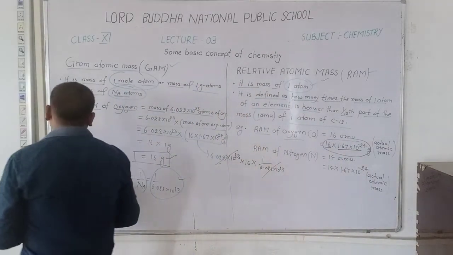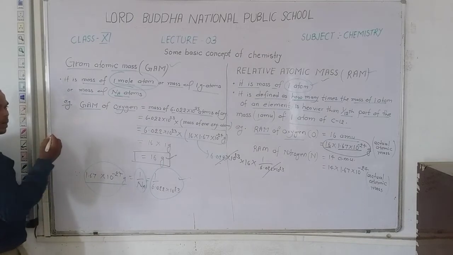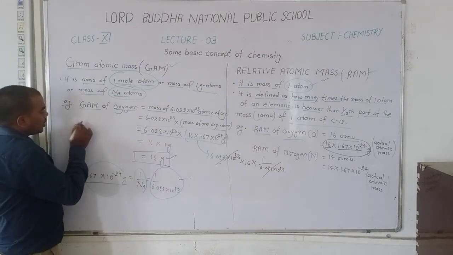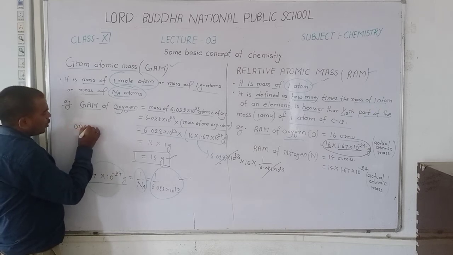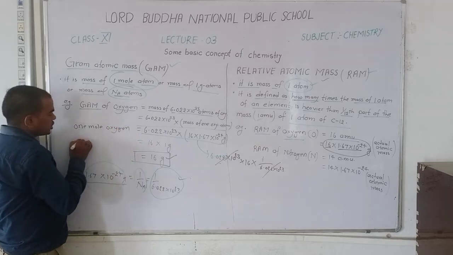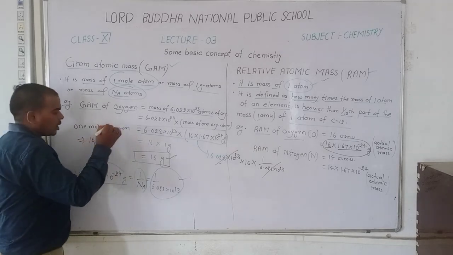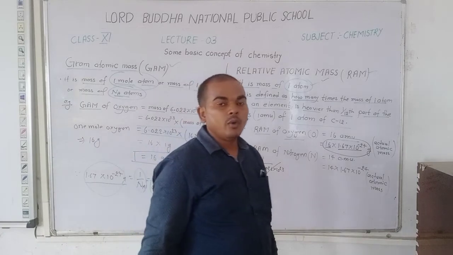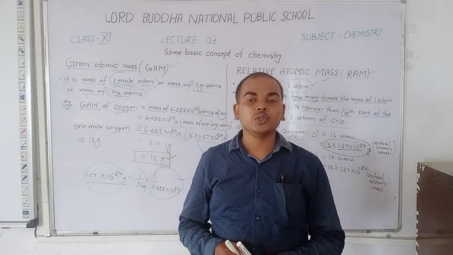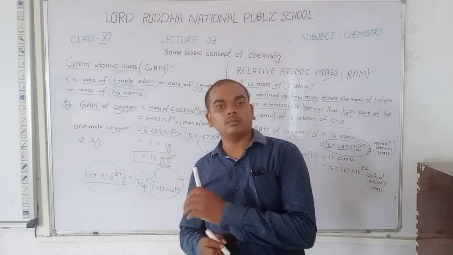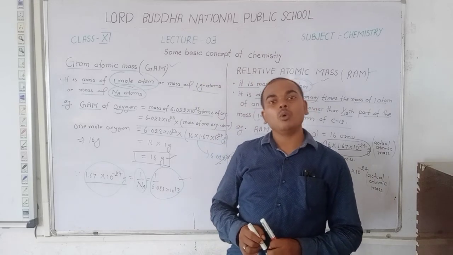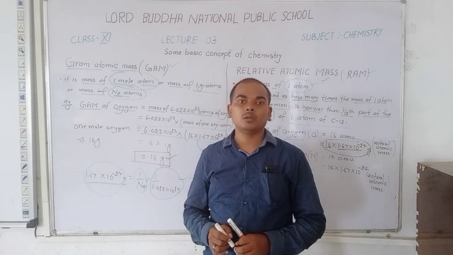If anyone asks what is the mass of 1 mole of oxygen, you say 16 gram. What is the mass of 1 mole of nitrogen? You say 14 gram. What is the mass of 1 mole of carbon?